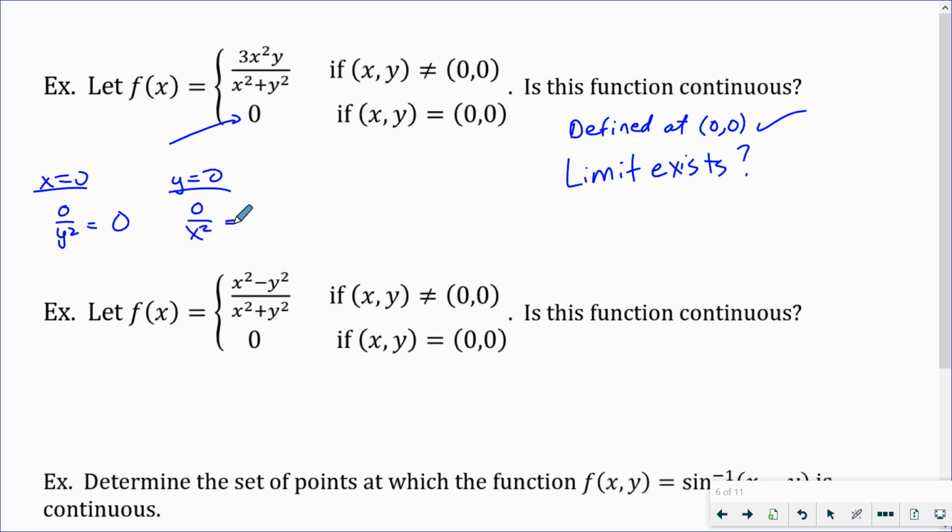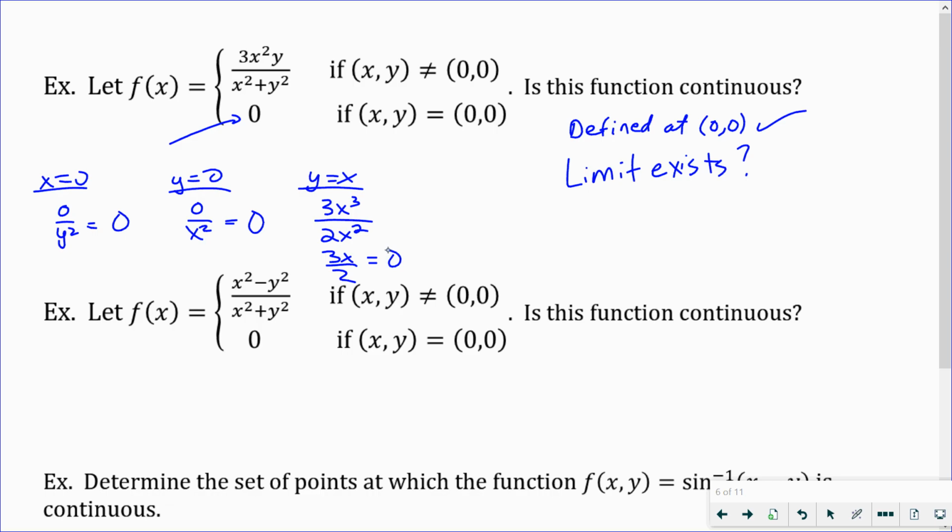So that's just 0. What about if I do y equals x? So I would get 3x to the third over, if y equals x, down here I'm going to get x squared plus x squared, so 2x squared. So basically I'd have 3x over 2. And if I put 0 into that, I get 0. So they're all 0. Okay?